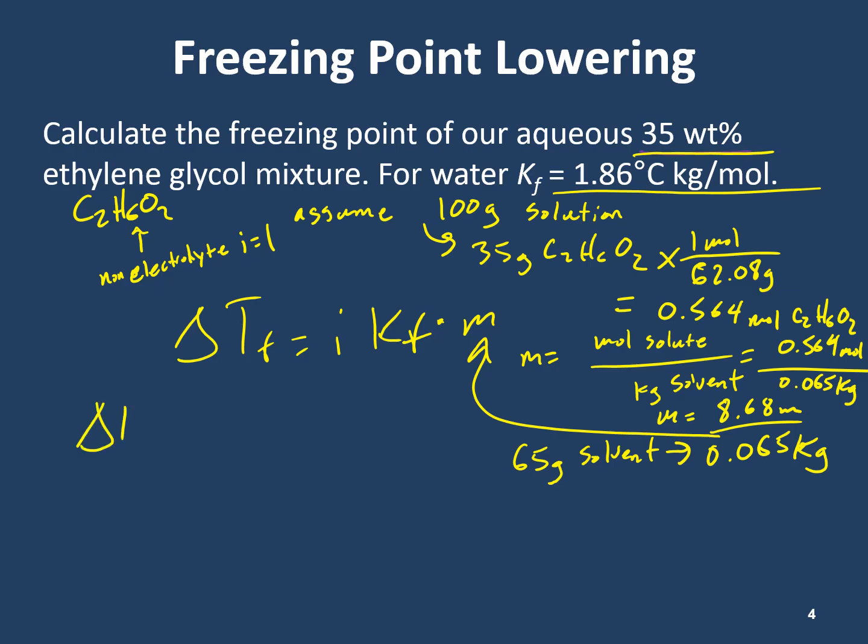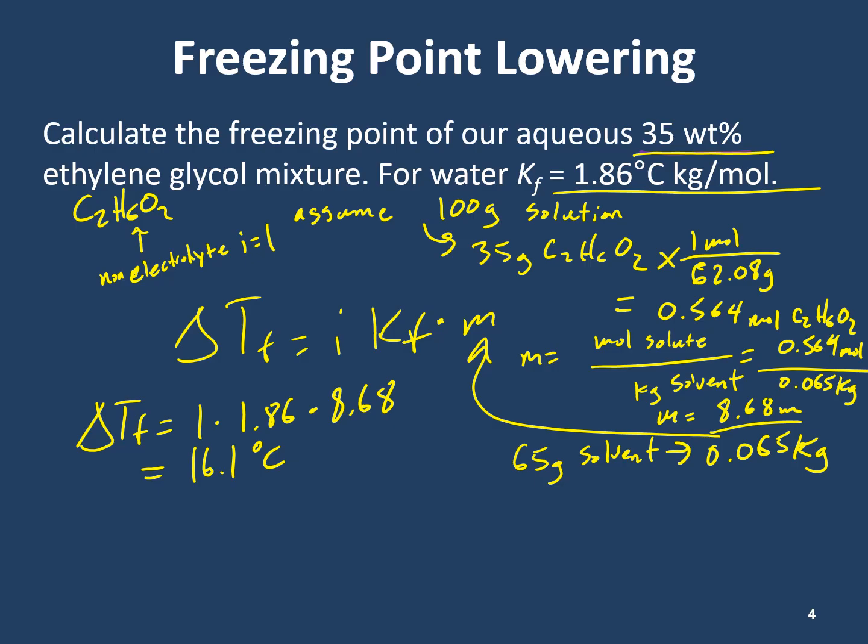So my delta TF here is going to be equal to 1 times KF 1.86 times my molality 8.68. And if I do all that out, I get 16.1 degrees Celsius.